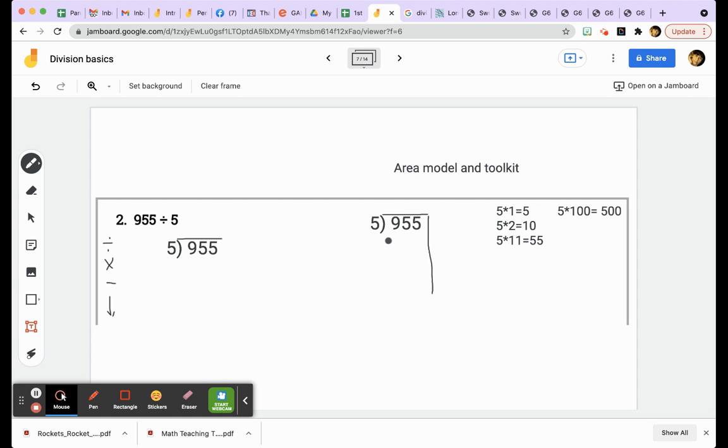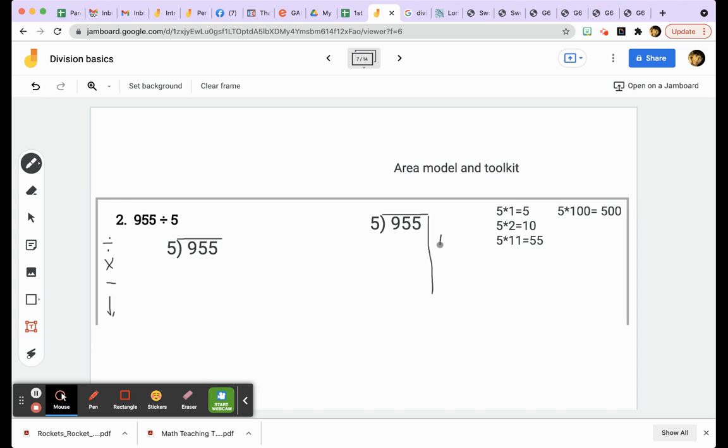Okay, so I'm going to look at 955, and I want to find out how many equal groups of 5 are going to fit into 955. So I have my toolkit here. The largest number that I have is 500. And 5 times 100 is 500.